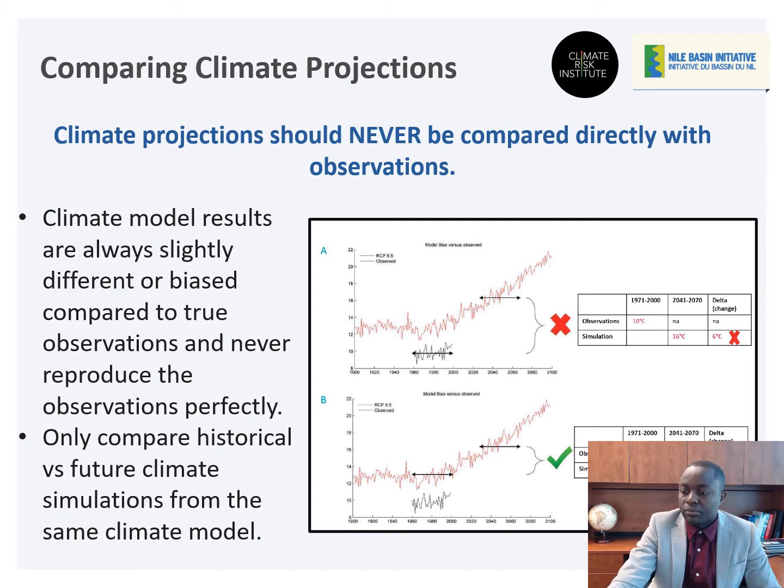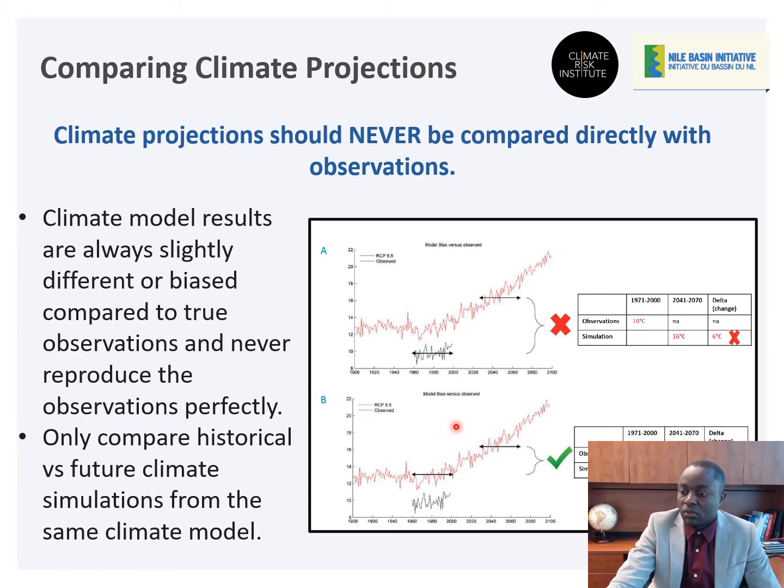So, for example, if we are to derive a climate change signal for a project site for which we are to do an infrastructure assessment, you do not say, in the 2080s get a climate time series from climate projections, take that time series and compare it with observations. Never do that. You will get a very high temperature change of about 6 degrees Celsius. That is wrong. That is very wrong.